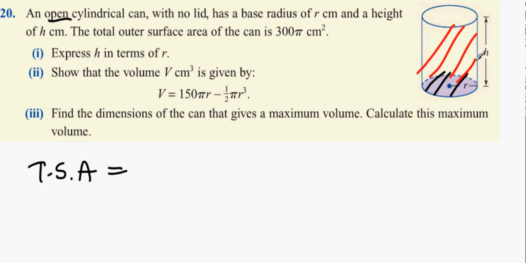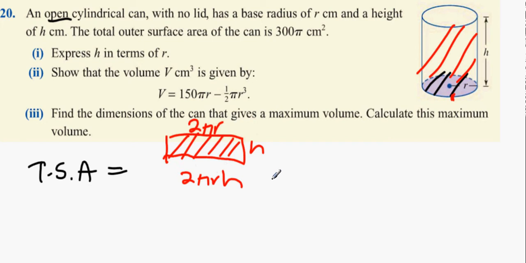Now the curved surface area is represented by a rectangle, which is 2 pi r when you unravel the bottom, by h. So it's 2 pi r h is the curved surface area, and then plus the area of the circle on the bottom, which is pi r squared.